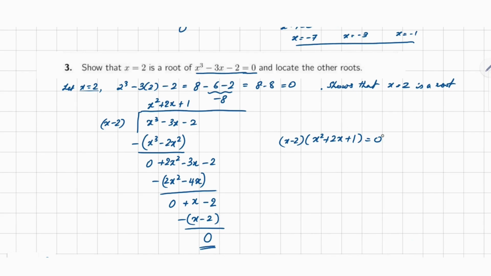We can equate each of the factors to 0 to find the roots. We already know that x minus 2 gives us x equals 2, which is given in the question, one of the roots. To find the other roots, we equate our quotient to 0. We can split the middle term. 1 is the product and 2 is the sum. The factors of 1 are 1 and 1. So we can split the middle term as x squared plus 1x plus 1x plus 1 equals 0.